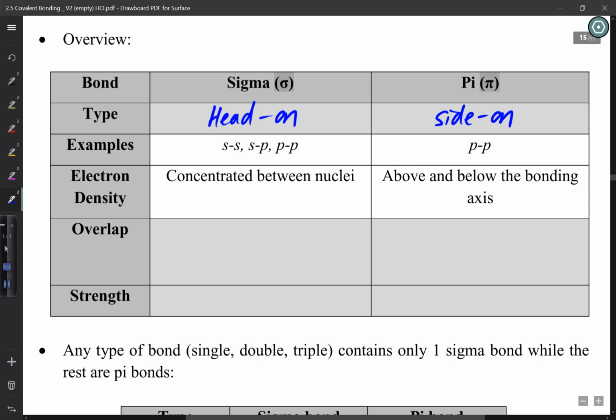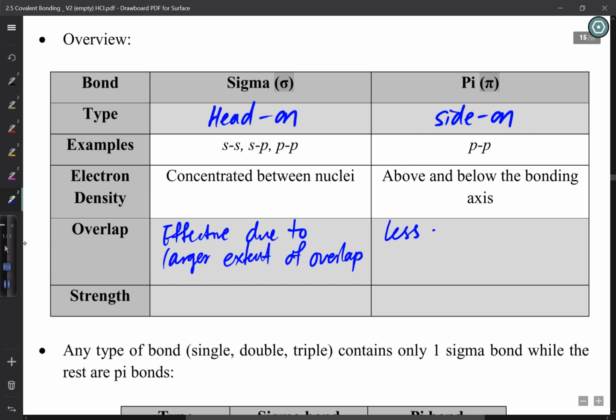So for overlap, this is effective overlap due to larger extent of overlap. Whereas for pi bond it is less effective due to smaller extent of overlap.